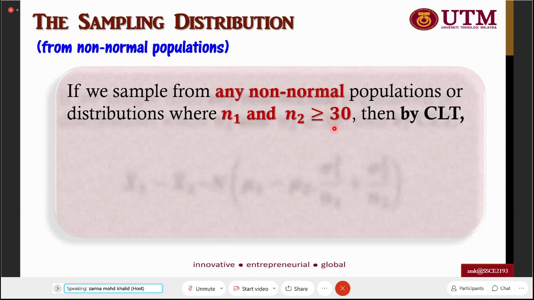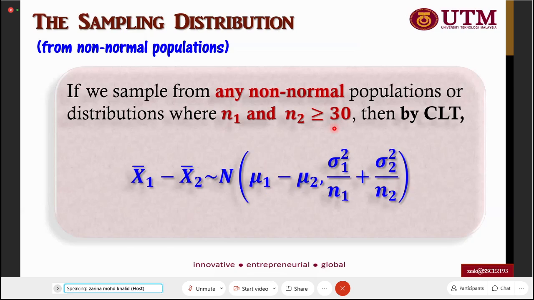Then we can use the central limit theorem to approximate the distribution for X bar 1 and X bar 2 to normal. Okay, you can sample from binomial, you can sample from Poisson, from any other distribution. Even if you don't know the population distribution, you can only know the mean for the population and the variance for the population. You don't have to know the distribution for the population even.